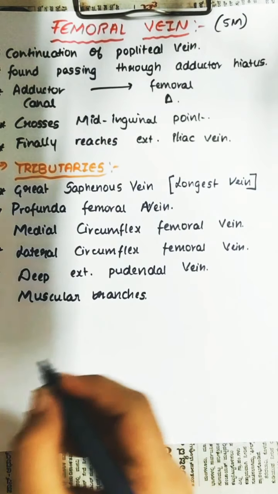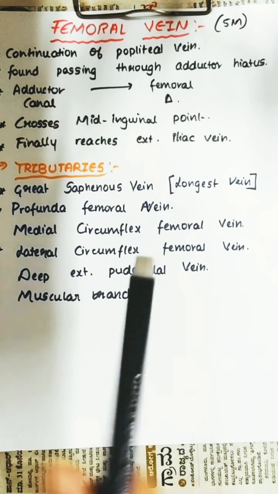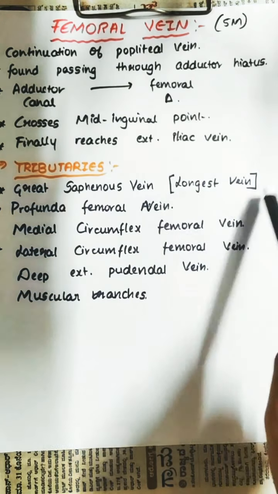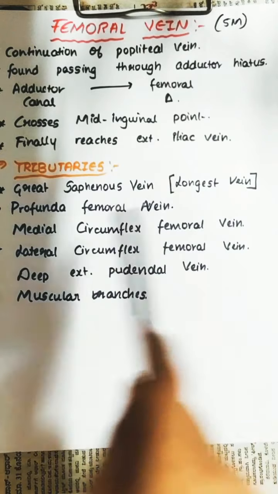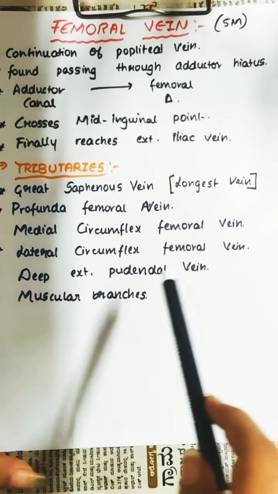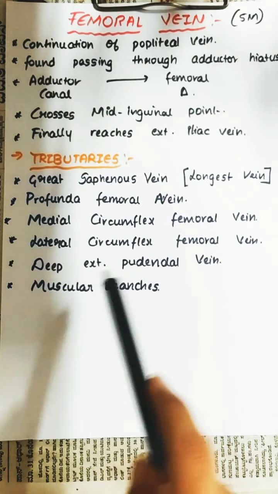So these were some of the tributaries of the femoral vein: the great saphenous vein, which is the longest vein, profunda femoralis vein, medial circumflex femoral vein, lateral circumflex femoral vein, deep external pudendal vein and the muscular branches.